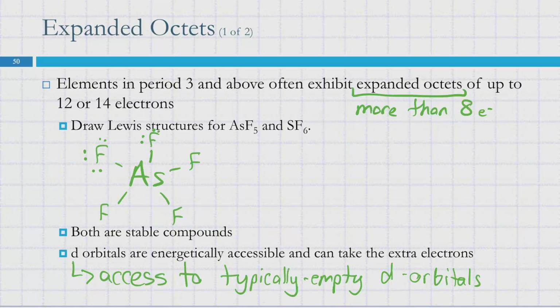That'll end up giving us this sort of a structure. Each of our fluorines, having access only to s and p orbitals, has an octet. Arsenic has 10 electrons on it because of those 5 bonds.